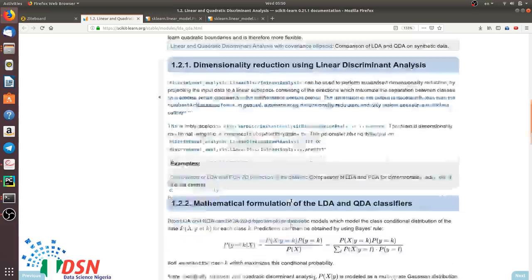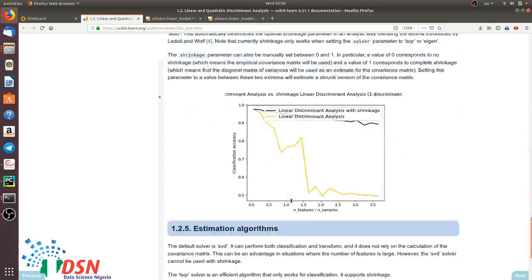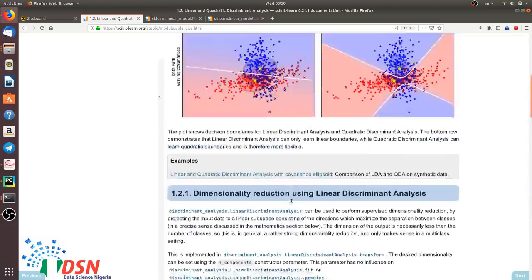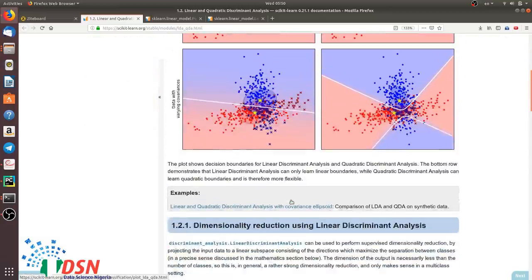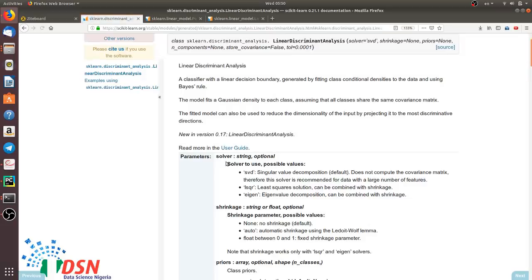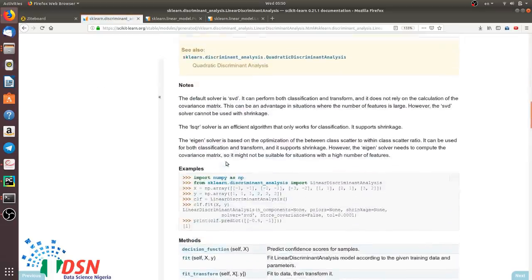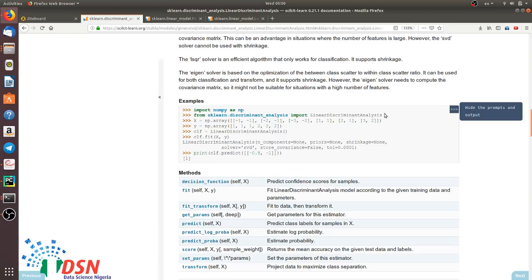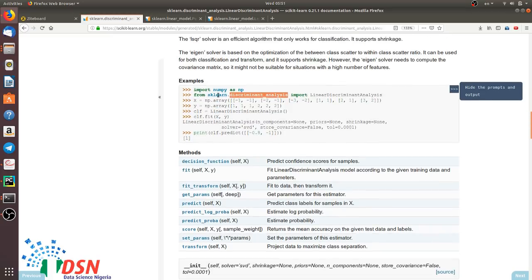As you could see here, for using that you just need to import linear discriminant analysis from discriminant analysis in scikit-learn, then initialize your classifier, then fit that on your data.